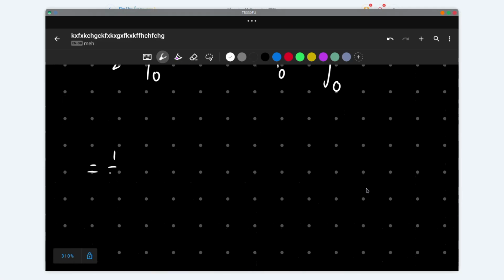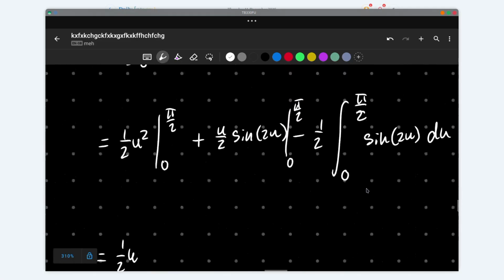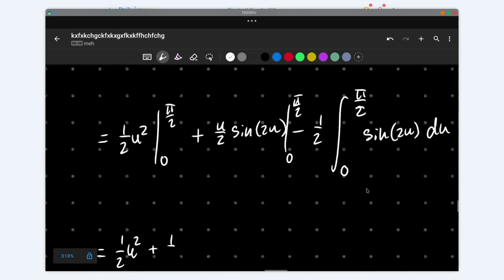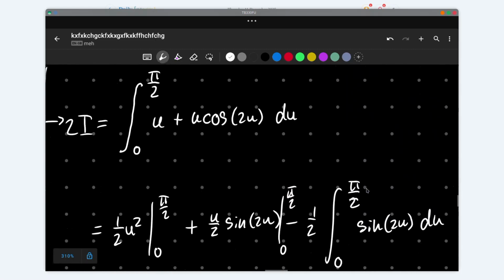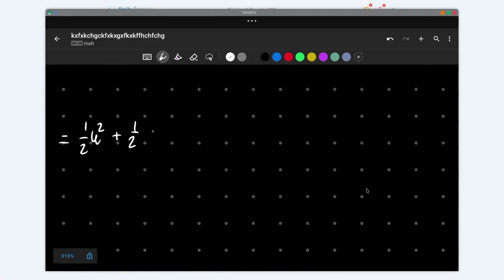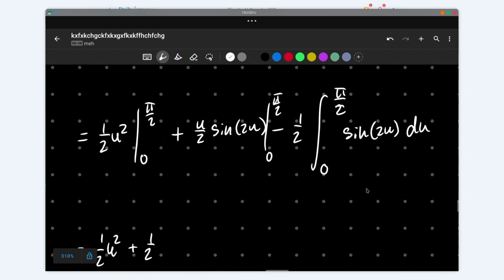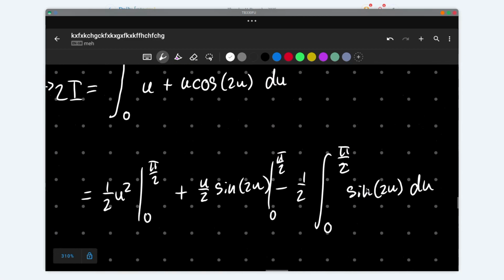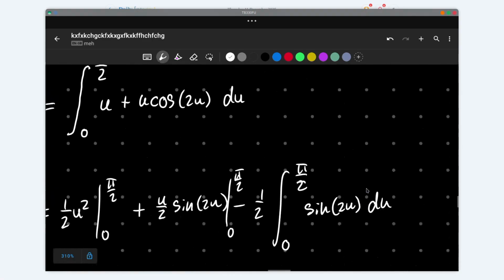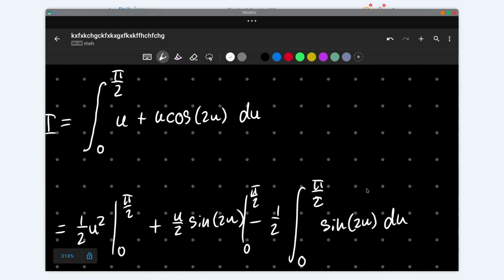That's 1 over 2 u squared plus 1 over, what, 1 over 2 again? Yeah, 1 over 2. Did I make a mistake where I just multiplied by half twice for some reason? Because it's looking like I multiplied by half twice in the wrong place, which is really infuriating.